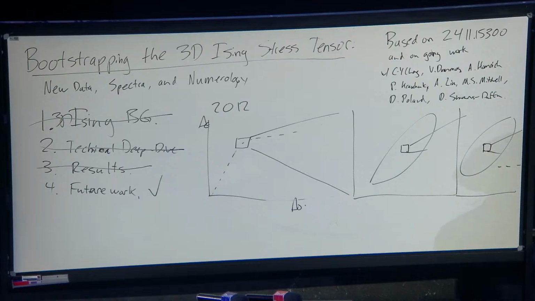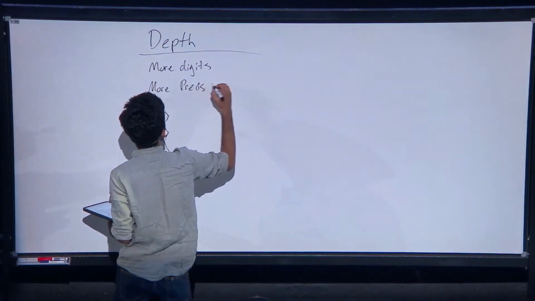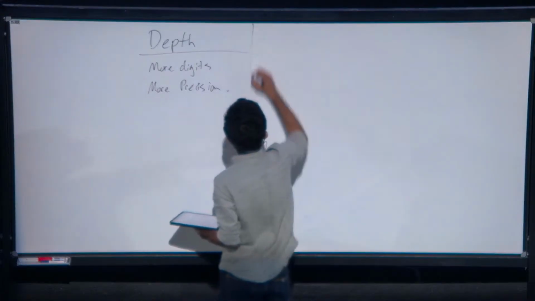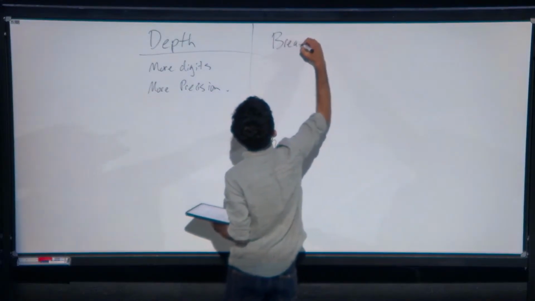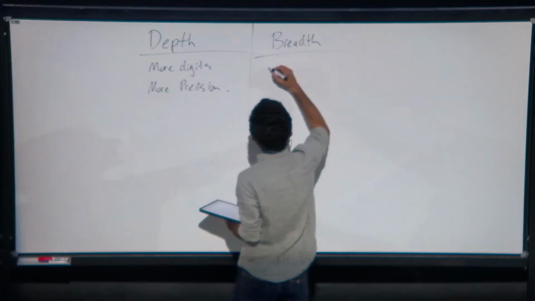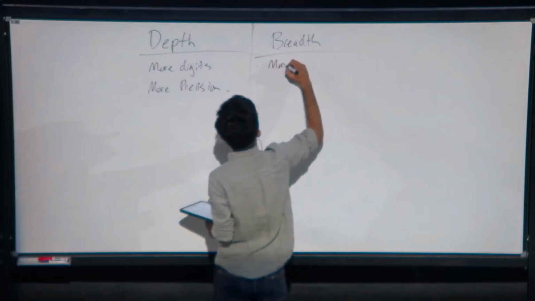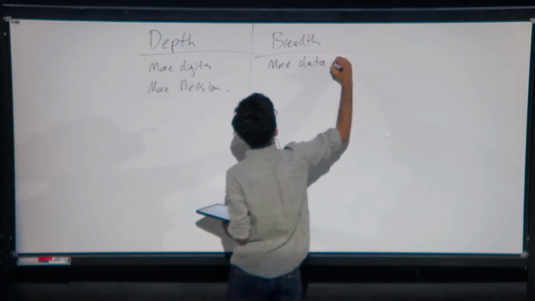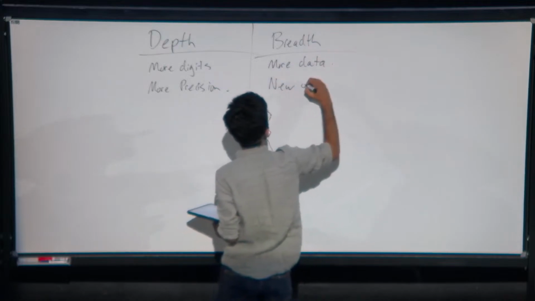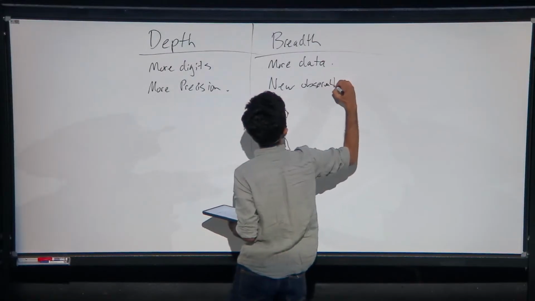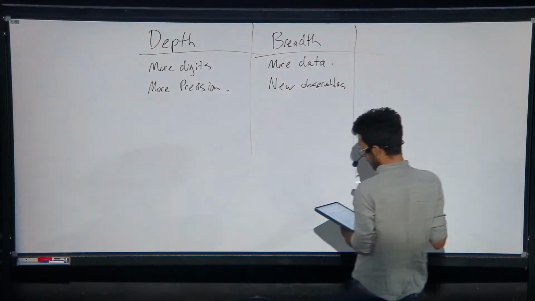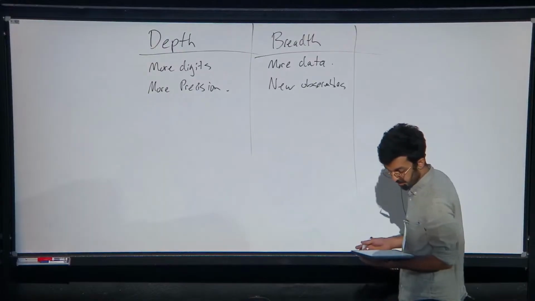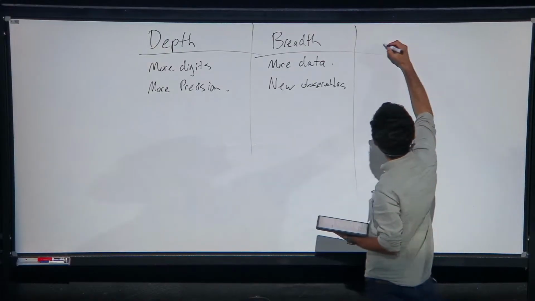which can correspond to, yes, more digits, more precision. Then we also have breadth, where we can access more kinds of data, new observables. And finally, if you're poetically minded, you might call this height, but I'll play it safe and call it new perspectives.